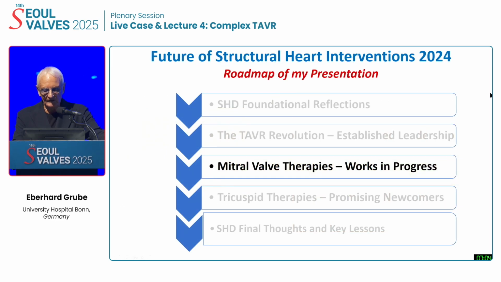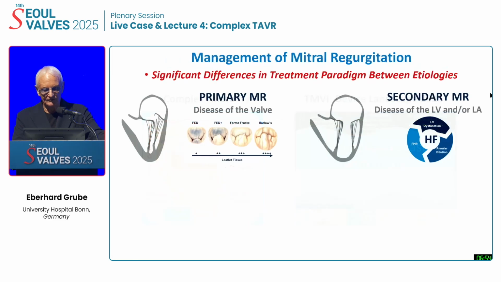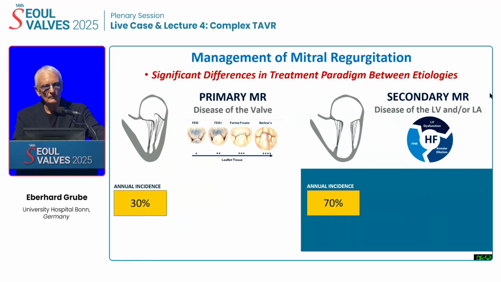Moving on to mitral valve therapies, which I believe are works in progress. We know the mitral valve has complex anatomy, and it's a complex disease with many overlapping solutions. We have 2 entities, primary and secondary MR, with very different treatment paradigms between those 2.